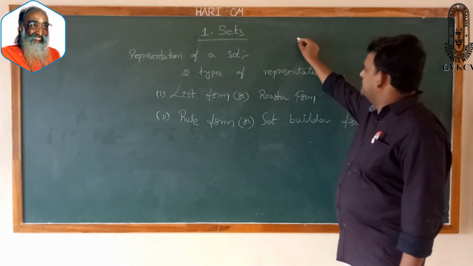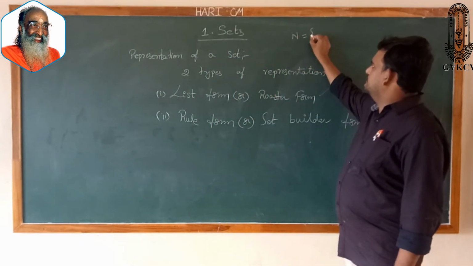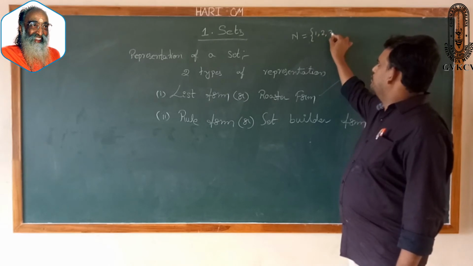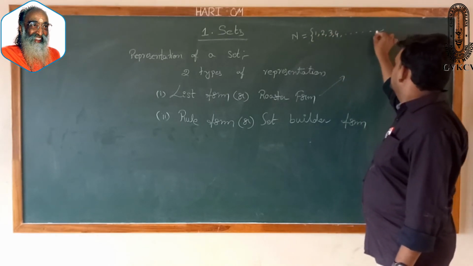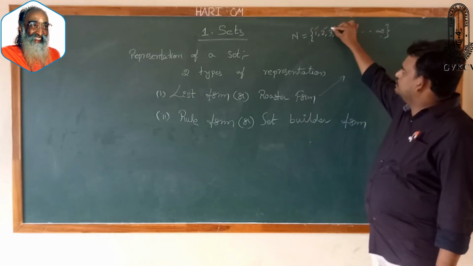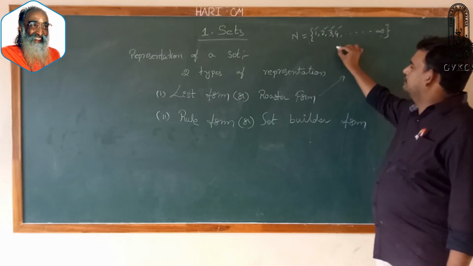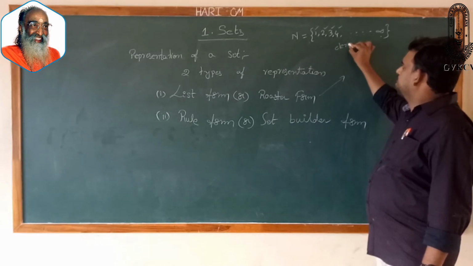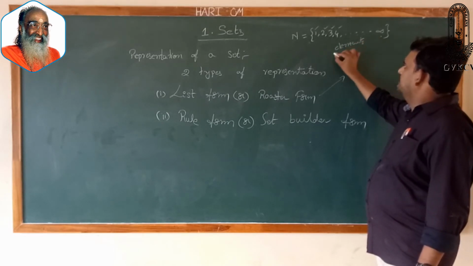Now, I told you natural number set. Natural number set means what? 1, 2, 3, 4 and so on to infinity. Here 1, 2, 3, 4, the individual numbers, are called elements.